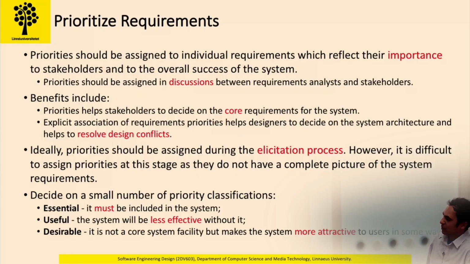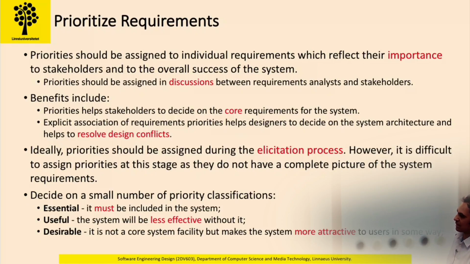Priorities should be done on a small scale. There could be maybe 3 classes of priorities to make it simple: essential, useful, or desirable. Essential requirements are those that you must include in the system.